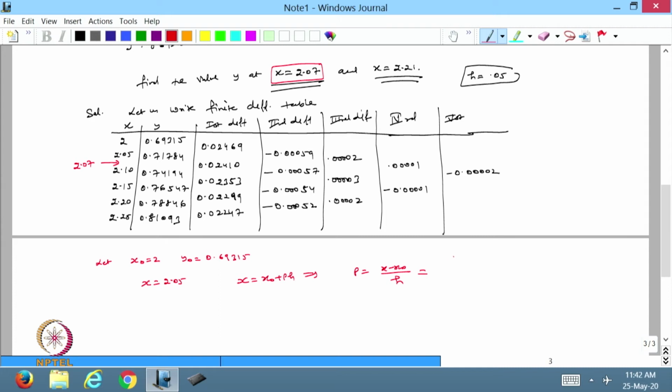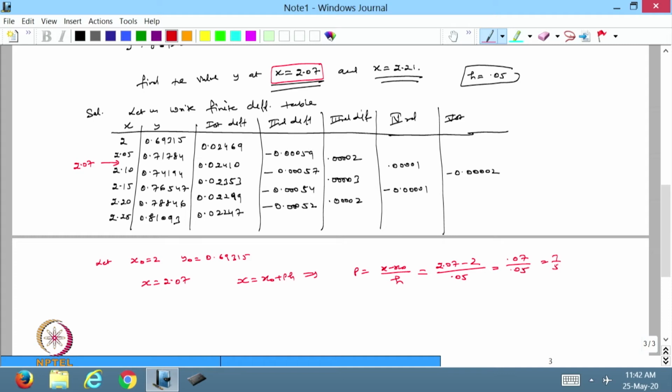Now, x is 2.07. So, it is 2.07 minus x naught is 2 divided by h, and h is 0.05. So, from here I can write that this is equal to 0.07 divided by 0.05.